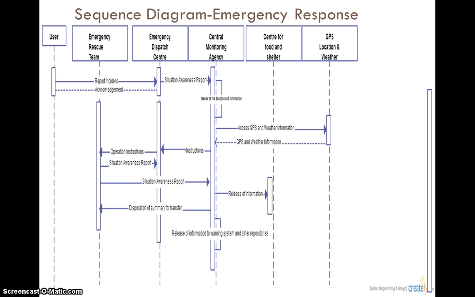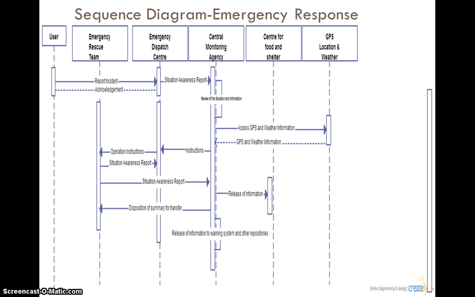Based on the information it got, the CMA will pass the information to the food and shelter department, whose main motive is to accommodate all the victims of an act of God or any other calamity, and provide food and shelter to the people.